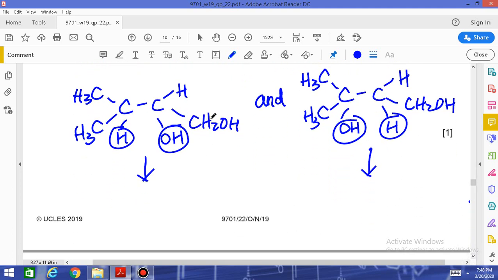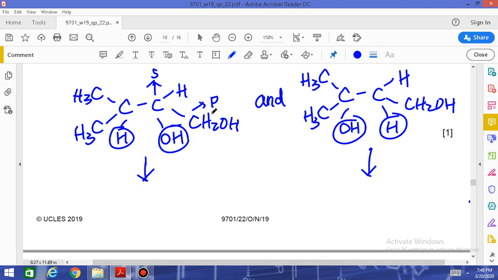So this is a primary alcohol because the hydroxyl group is bonded to a carbon atom and this carbon atom is bonded to only one other carbon atom. And this is a secondary alcohol, because the hydroxyl group is bonded to a carbon atom and this carbon atom is bonded to two other carbon atoms.